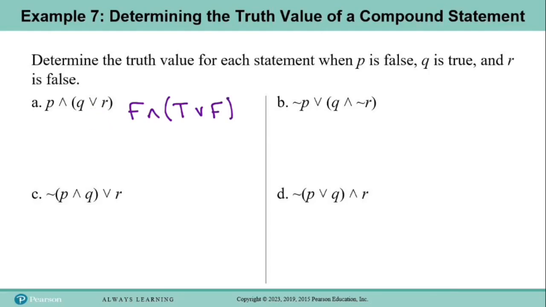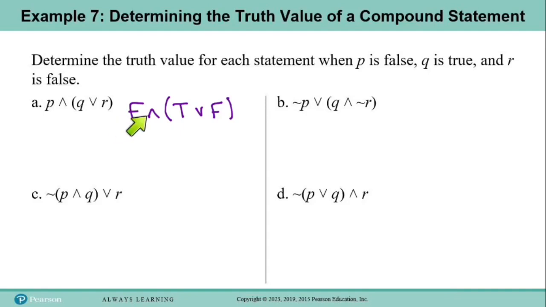Okay, now we know we always work inside parentheses first. So this is an or statement inside the parentheses: a true statement or a false statement. And the overall statement is true because whenever you have an or statement, it is true if either component is true. So I'm going to replace this whole parentheses with a true.